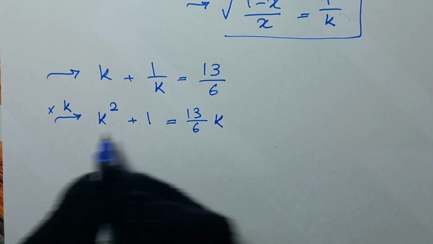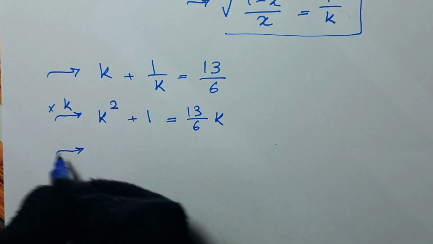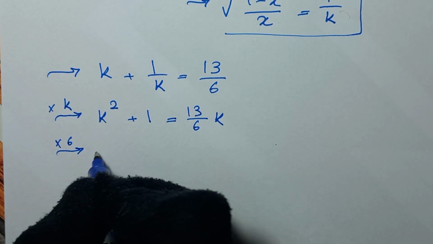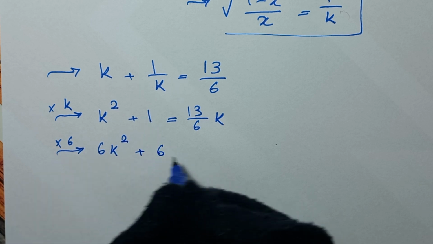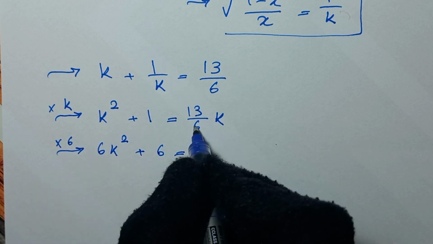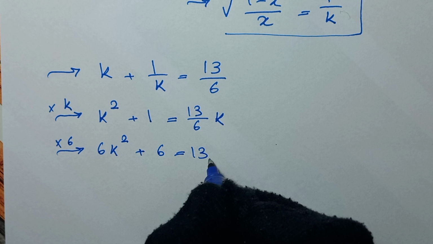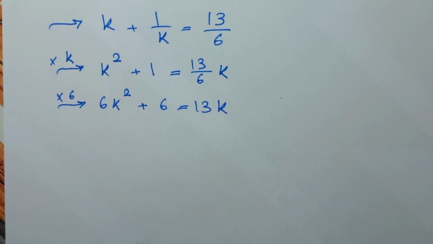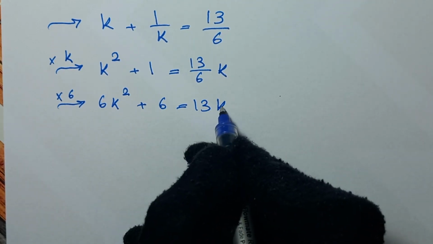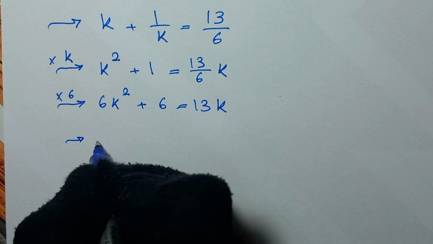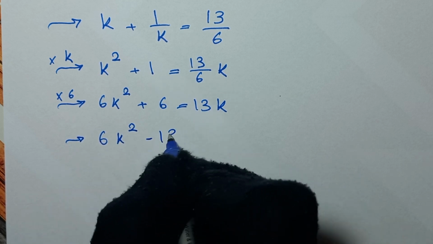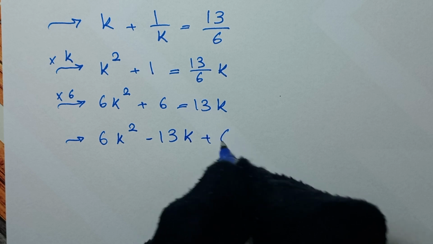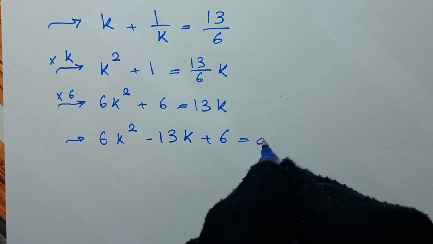And we multiply both sides by 6, so it will be 6k squared plus 6 is equal to 13 over 6 times 6, which is 13k. We take this 13k to this side, and it will be 6k squared minus 13k plus 6 is equal to 0.